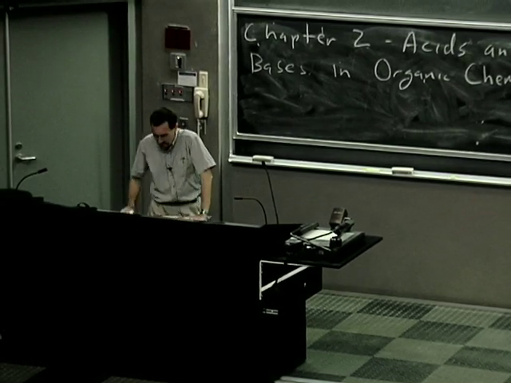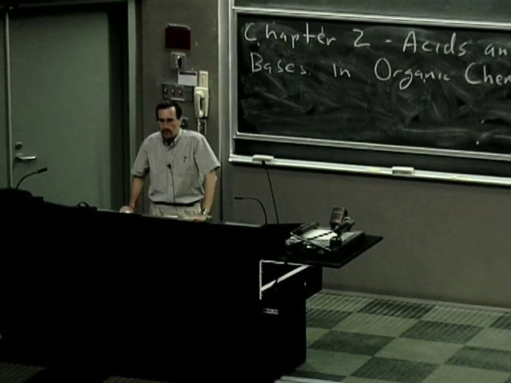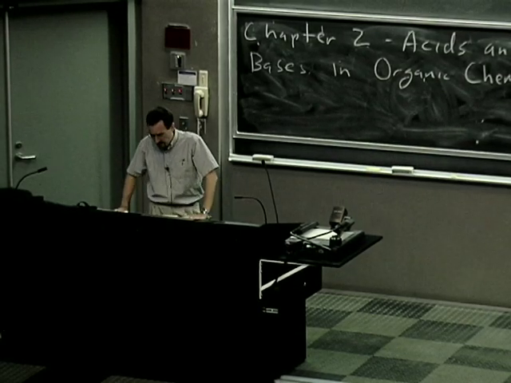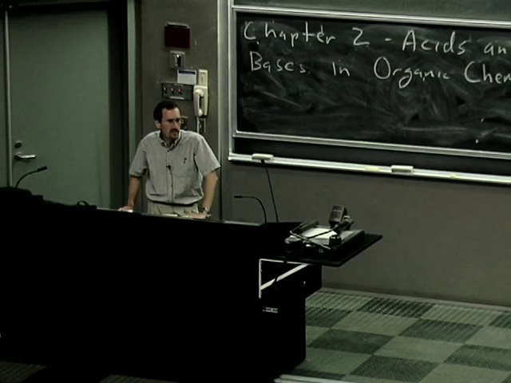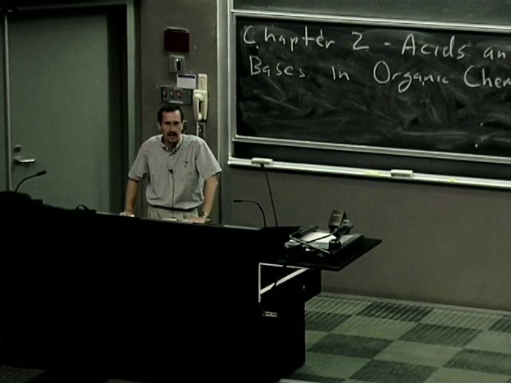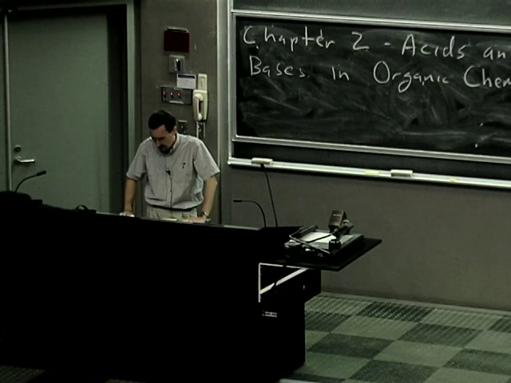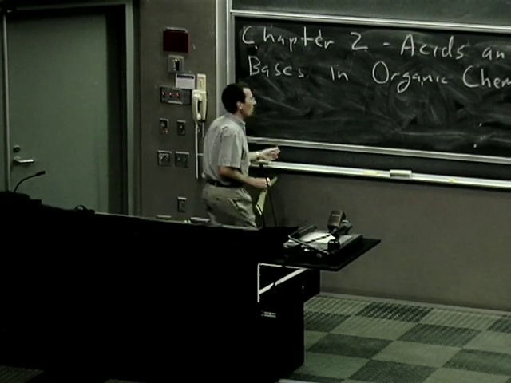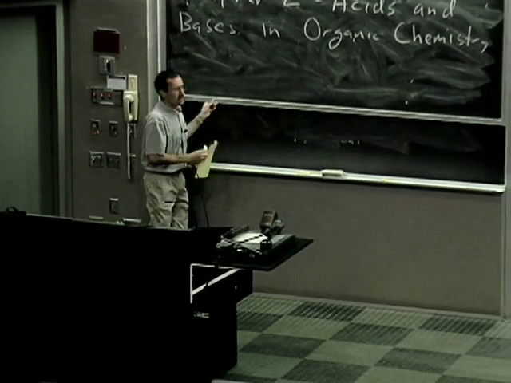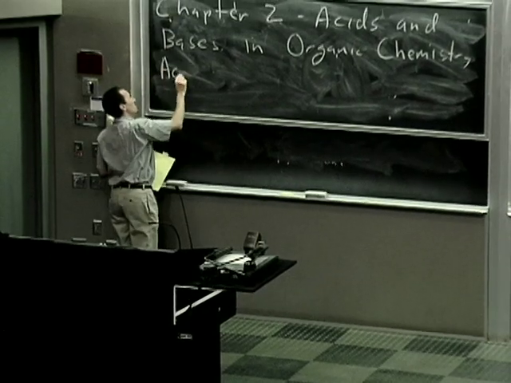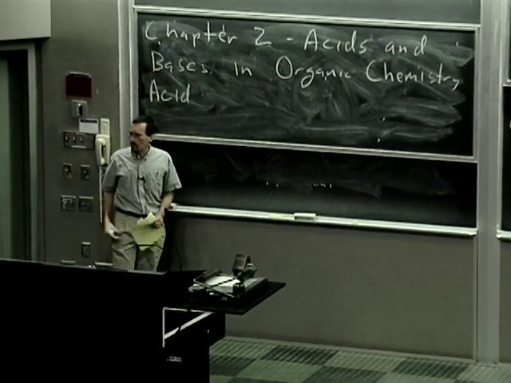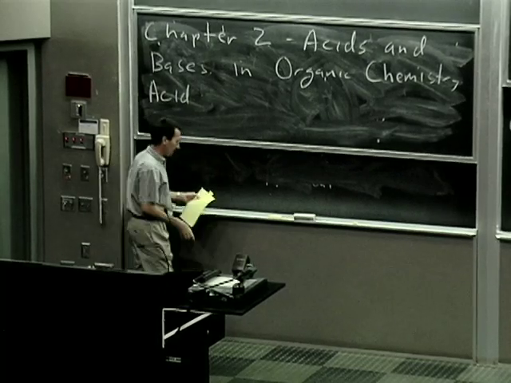Acids and bases are central to organic chemistry, both in the generation of reactive species, species that we call electrophiles and nucleophiles, and also as reactive species in their own right. So this is why it's very important for us to think about acids and bases. And as I said, we'll use this also as a springboard for learning curved arrow notation.